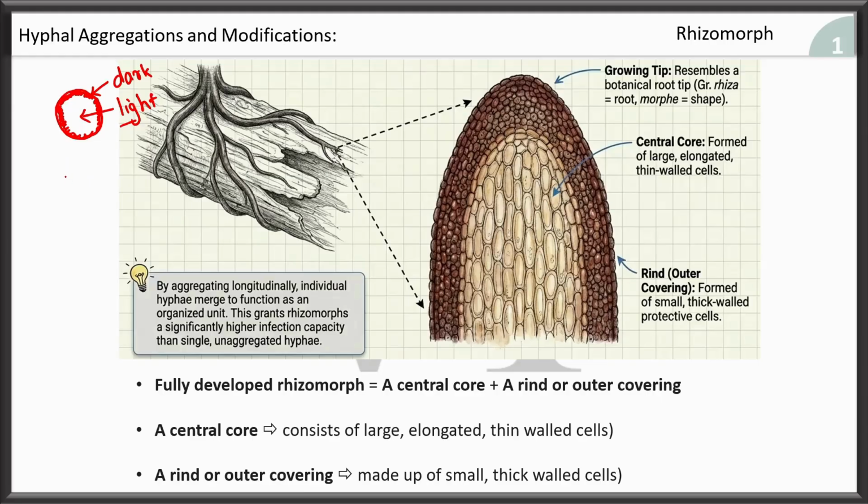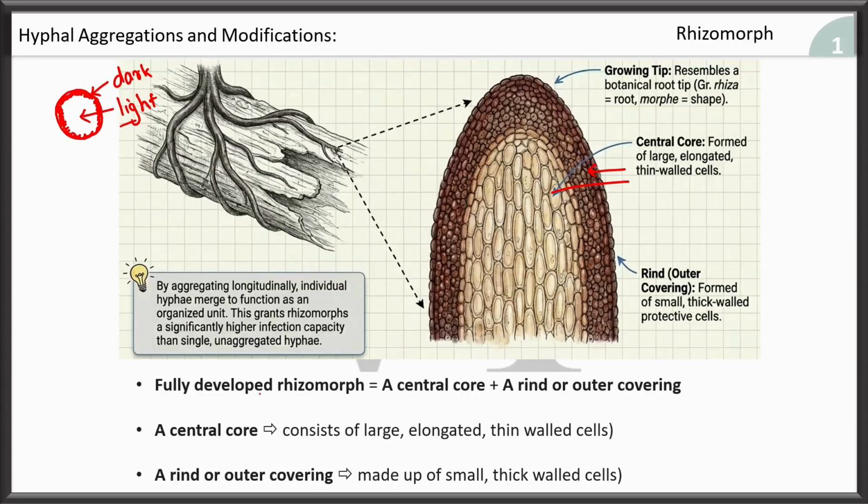If you take the longitudinal section, again you can see a peripheral region and a central region. You can distinguish two different layers, yes or no? The peripheral part and the central part.